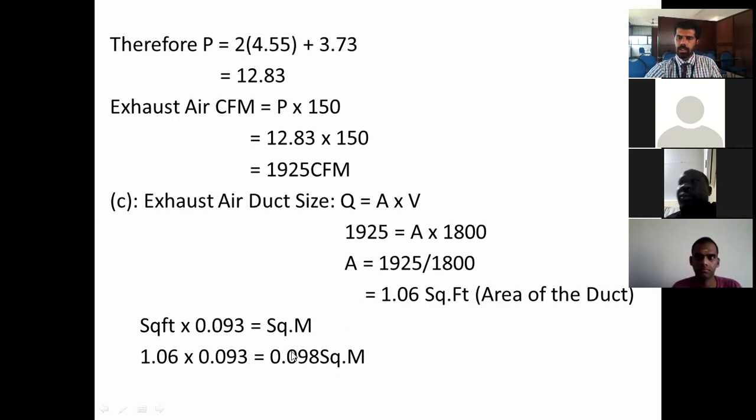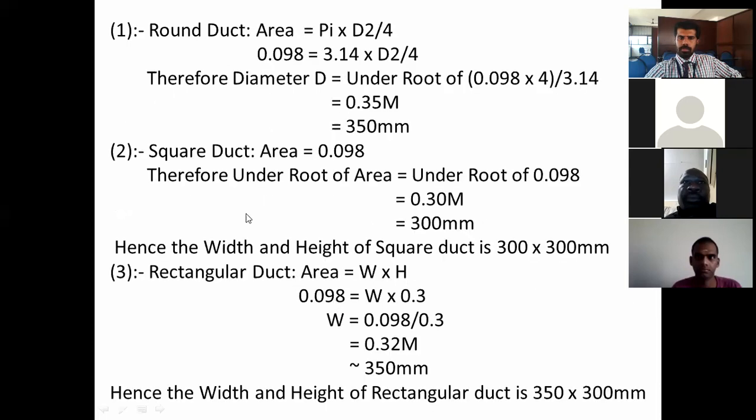Okay, fine. If you need to find the round duct, area equals pi d square by 4. You know the area in square meter, pi equals 3.14, d square by 4. From there you can find the d value.